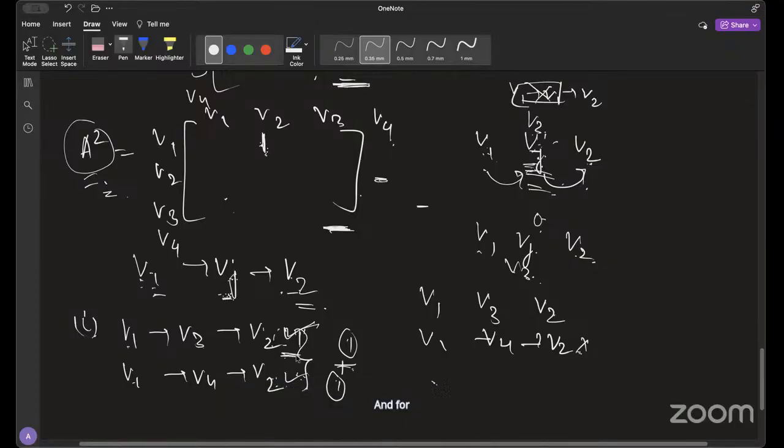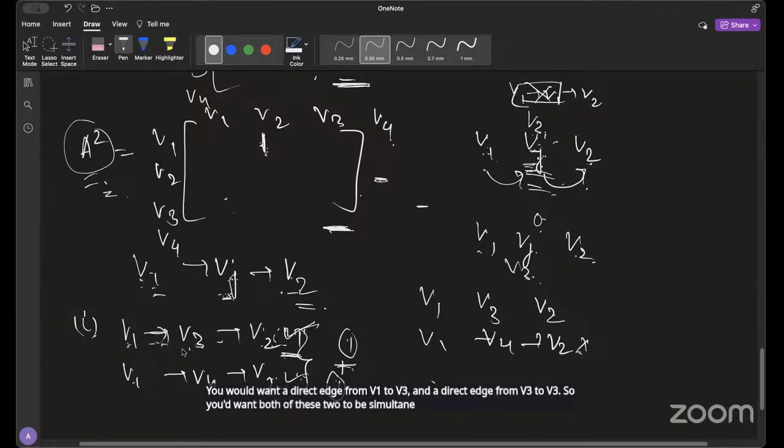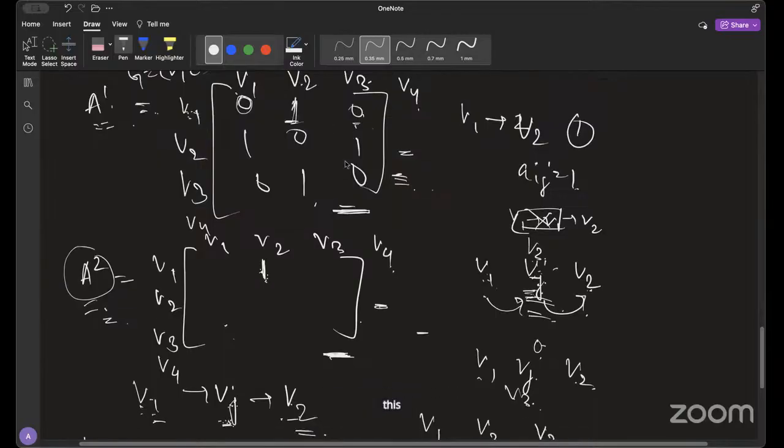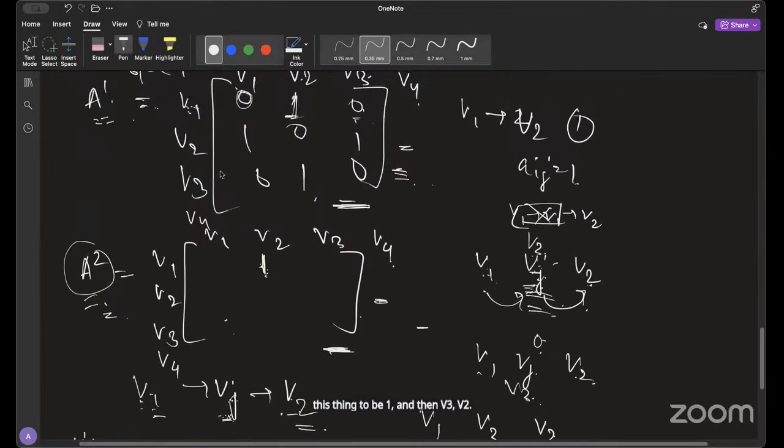And for there to be a path from V1 to V2 via V3, you would want a direct edge from V1 to V3 and a direct edge from V3 to V2. So you would want both of these to be simultaneously true. That means V1, V3 should be 1, and V3, V2 should be 1 as well.